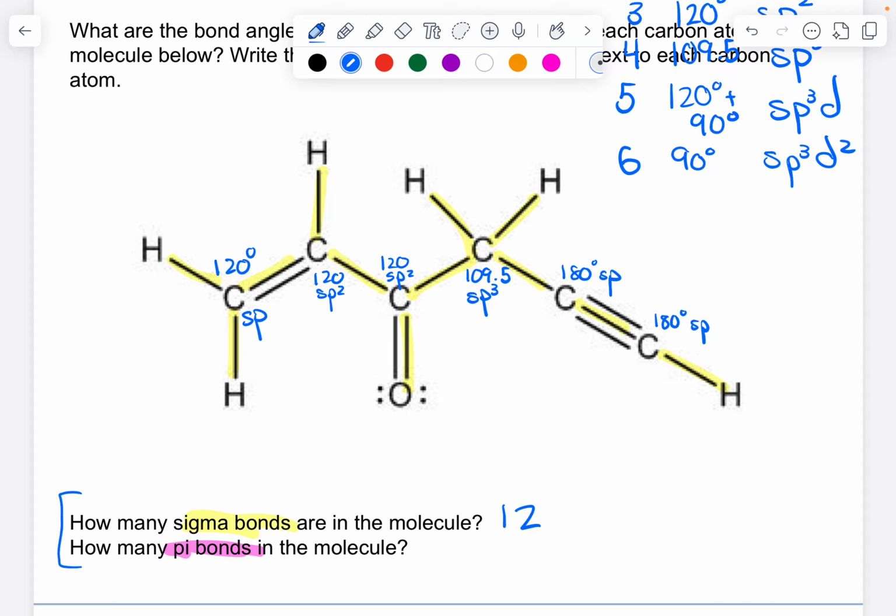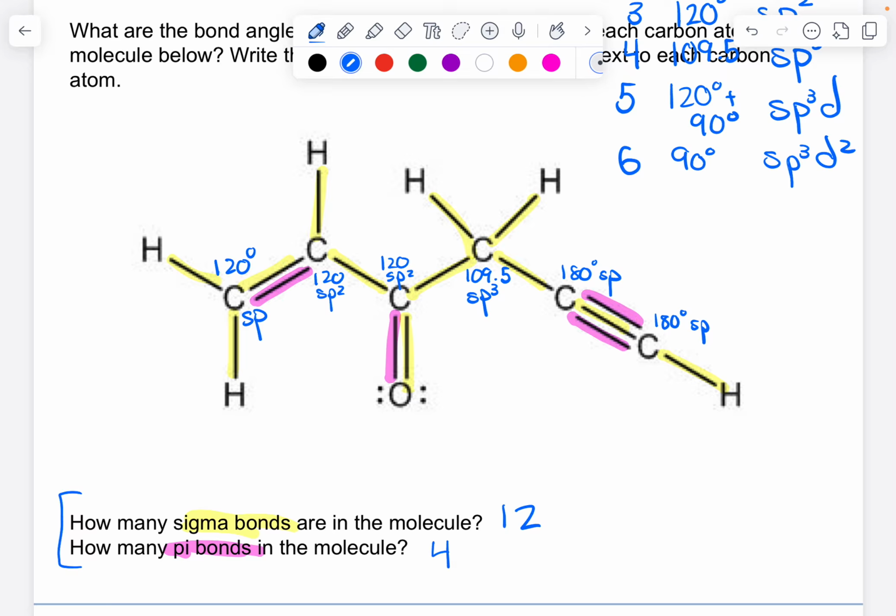Because that's the bond that's always going to happen anytime you have 2 atoms bonded together. If you have a double bond, that's where the second of those 2 bonds is where the pi bond comes into play. So pi bonds, 1, 2, 3, 4.